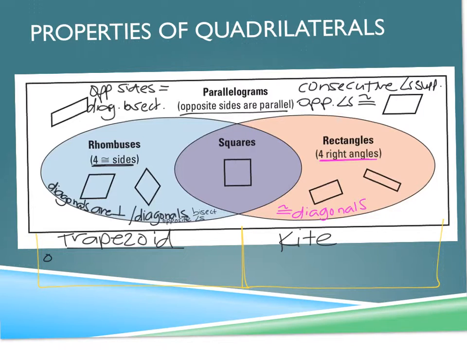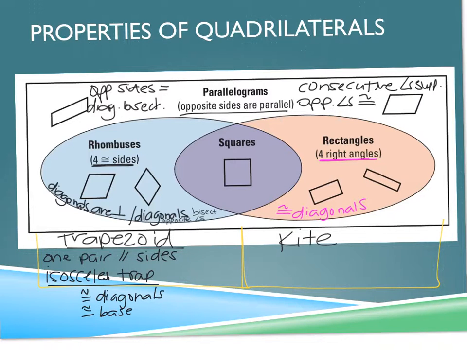And then the trapezoid, 1 pair of parallel sides. If it's an isosceles trapezoid, you'd have congruent diagonals, congruent base angles, congruent legs.